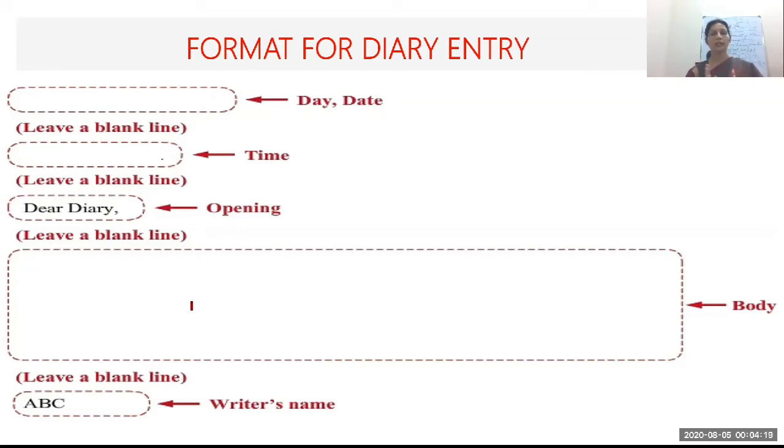While writing the diary entry, the word limit should always be counted from the body of the diary entry. Not day, date and time, or the opening, Dear Diary. All these things will not be counted. So the words which you have written in the body of the diary entry will come under the word limit.